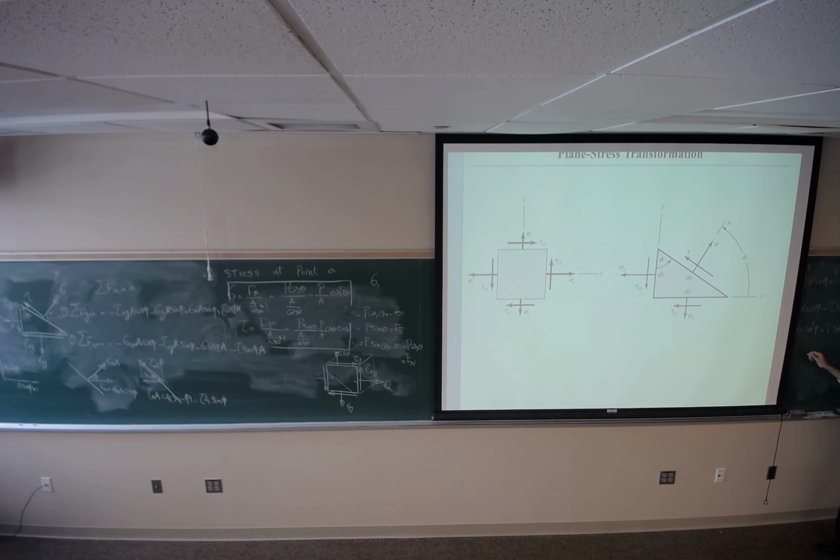Second equation is going to change to sigma cosine square of phi, negative tau sine of phi cosine of phi. This is positive, this is negative. If I add them up, I can get rid of this term. So I'm going to have only sigma. Negative tau xy sine of phi cosine of phi plus sigma y cosine square of phi.